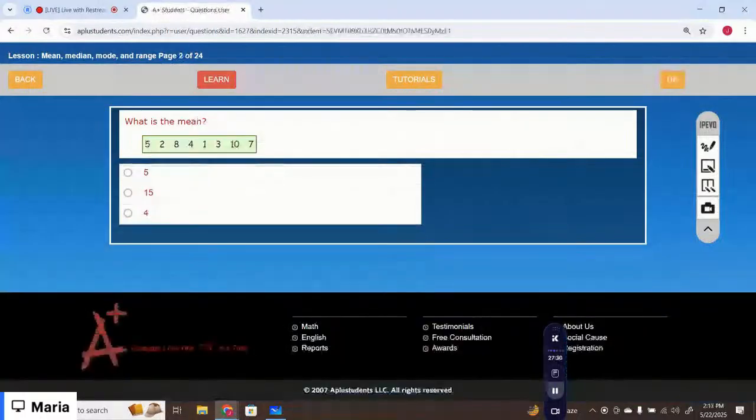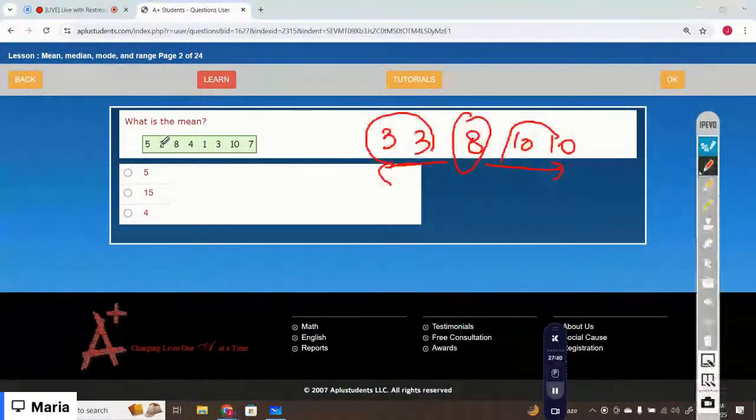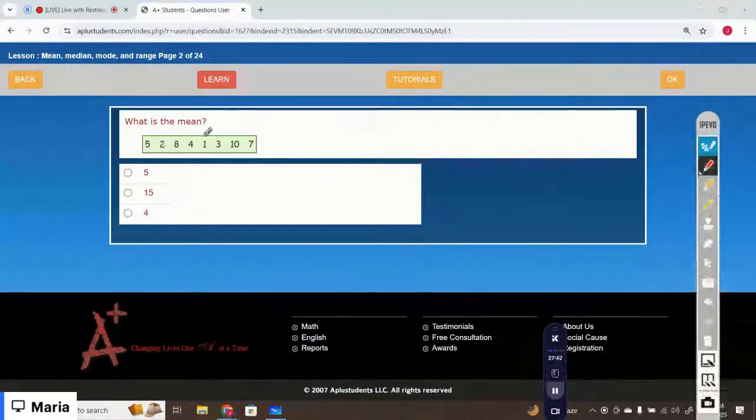Okay, what is the mean? Just add up all the numbers and divide by how many there are. Let me just see how many numbers there are: 1, 2, 3, 4, 5, 6, 7, 8. 8 numbers, right? Let me just add them and then we divide by 8. That is 5 plus 2 plus 8 plus 1.